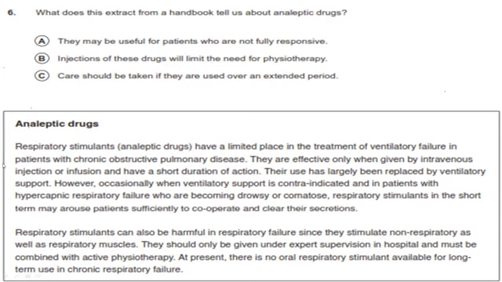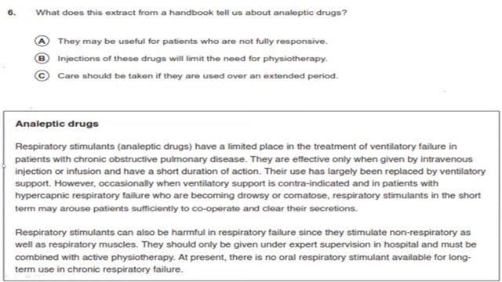Analeptic drugs have a limited place in treatment of ventilatory failure in patients with chronic obstructive pulmonary disease. They are effective only when they are given by intravenous injection or infusion and have a short duration of action. Their use has largely been replaced by ventilatory support.